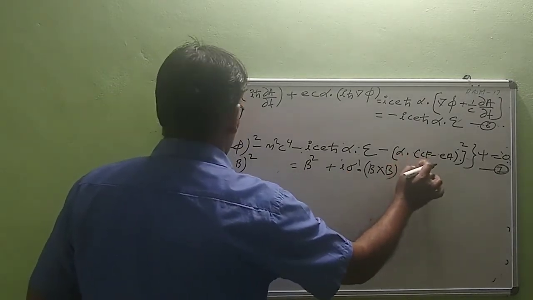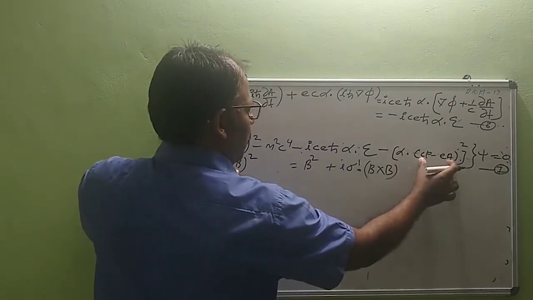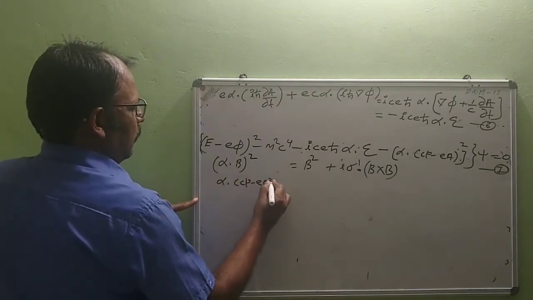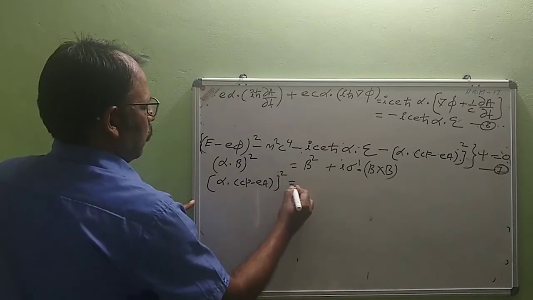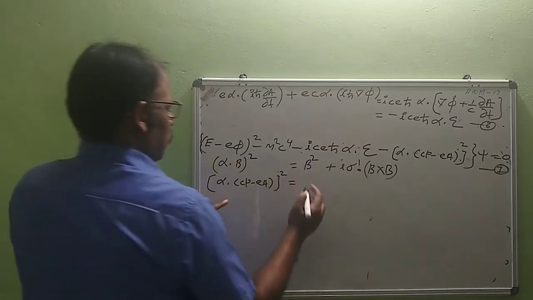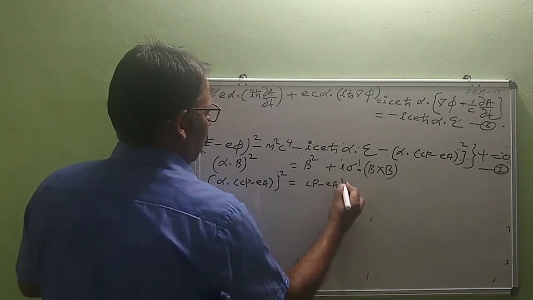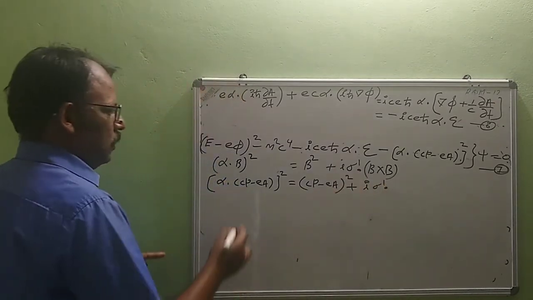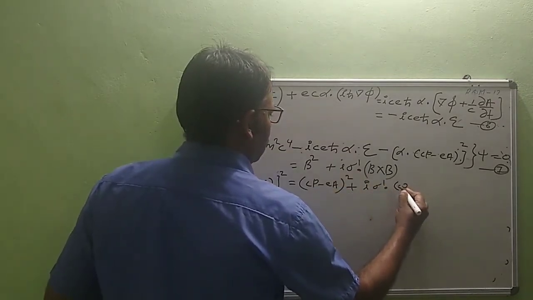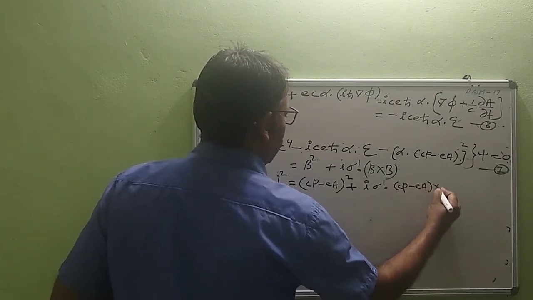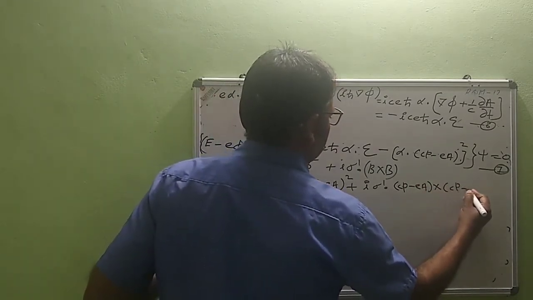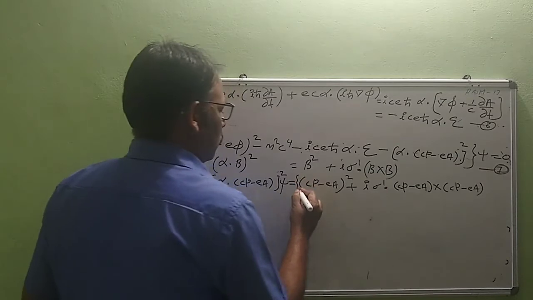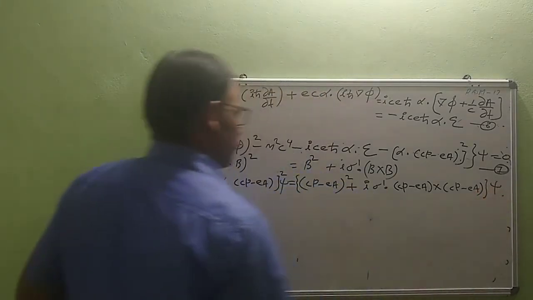So instead of operator B, we have Cp minus Ea. In a similar way we can write alpha dot Cp minus Ea the whole square equal to, instead of B we have Cp minus Ea, so it will be Cp minus Ea the whole square plus I sigma prime dot Cp minus Ea cross Cp minus Ea, operating on wave function psi.